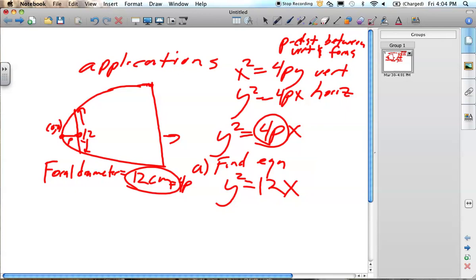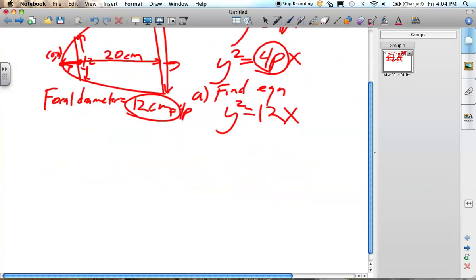Okay, so the next thing you want to figure out is how big this is. The second piece of information to give you is the distance from the back, the vertex, to this is 20 centimeters. So that's my x value.